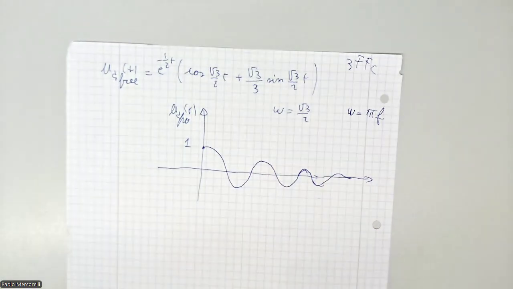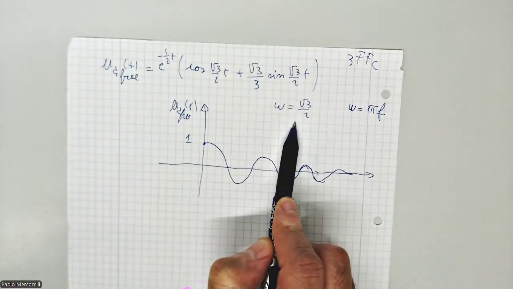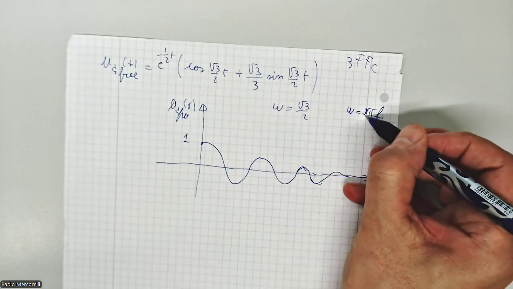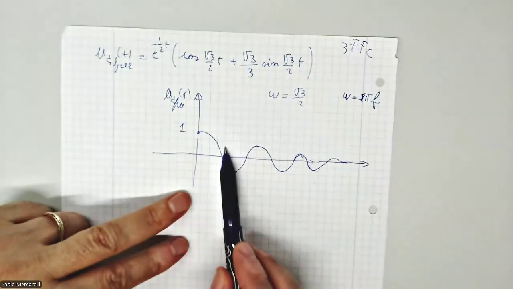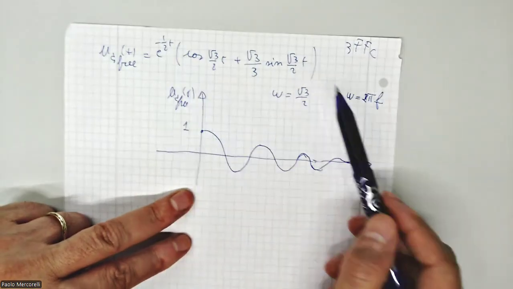This means the frequency is this expression divided by 2 pi. But anyway, sometimes we call this frequency because it's just proportional. This means we have a function which is a combination of sine and cosine.